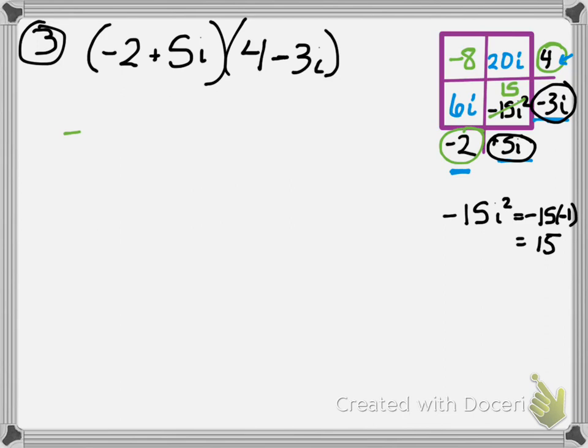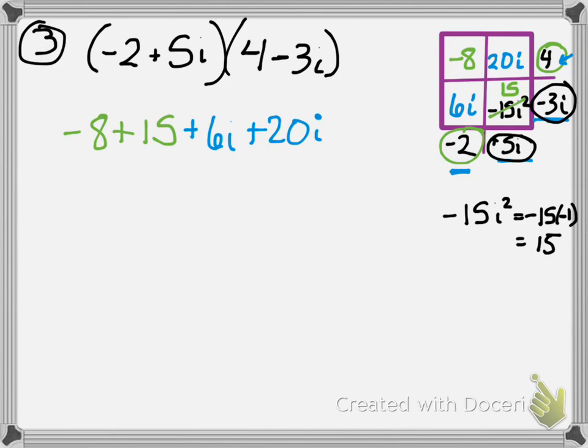So over here I have negative 8 plus 15, plus 6i plus 20i. And I just take what's in my box and write it down where it's together. If you want to just use your box and do your math in your box without going over to the other paper and writing it down, that's fine.